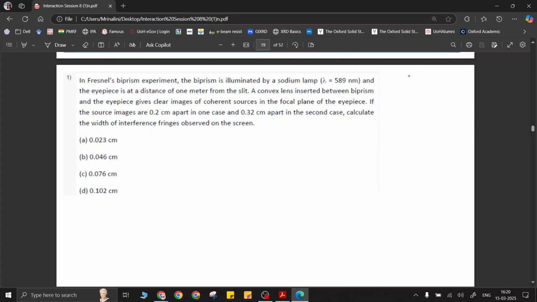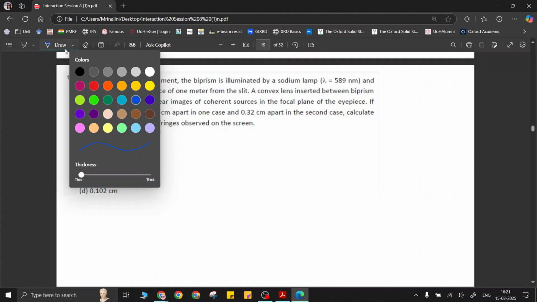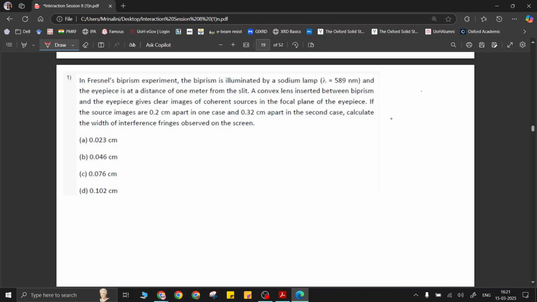So we have lambda, wavelength of 589 nanometer. The eyepiece is at a distance of 1 meter from the slit.